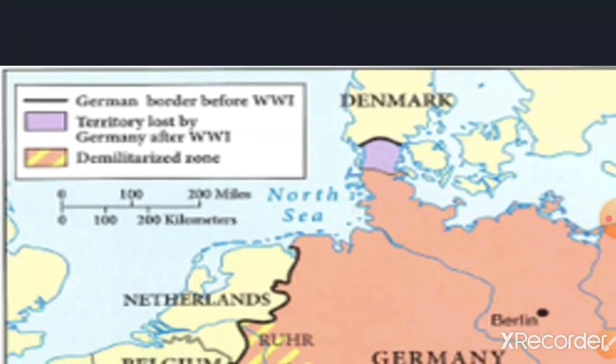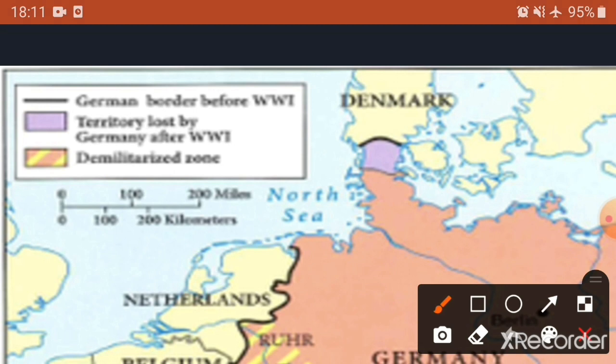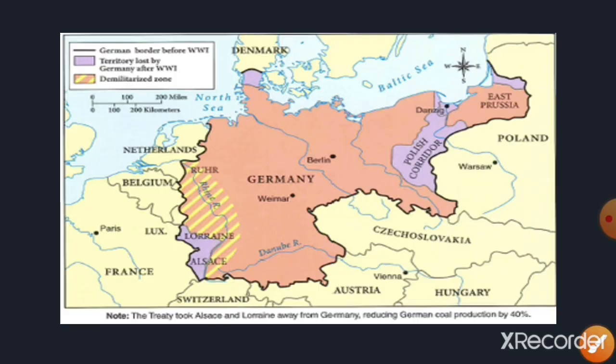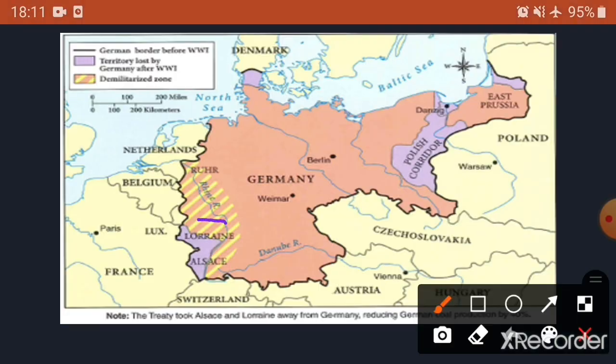Can you see the purple shaded area? That is what Germany lost. Let's see that. I'll take my brush. One minute. Yes, here below Denmark, this was under Germany. Also the Polish area over here, and the Polish corridor.